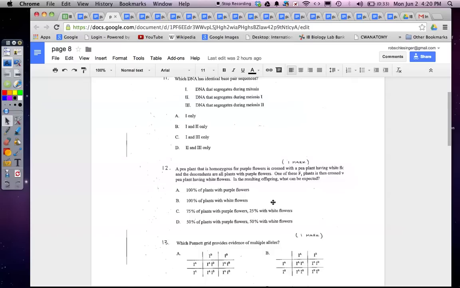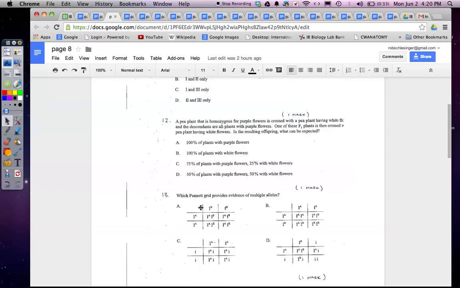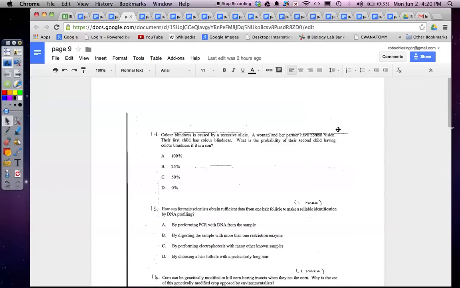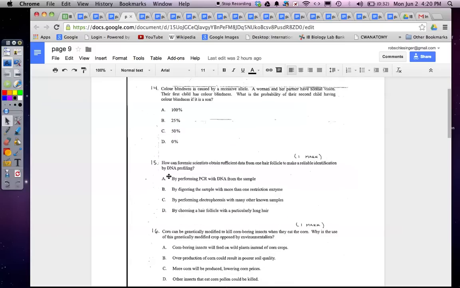Scrolling down, people did fairly well on 12 and 13. So I'm going to move on to this last page of the multiple choice section. Everyone did fairly well on 14, which was actually 15, and they struggled a little bit, I should say, with this question right here. How can forensic scientists obtain sufficient data from one hair follicle to make a reliable identification by DNA profiling?